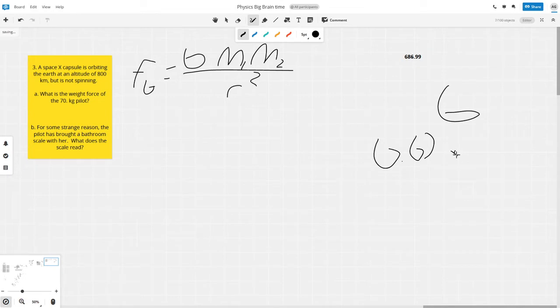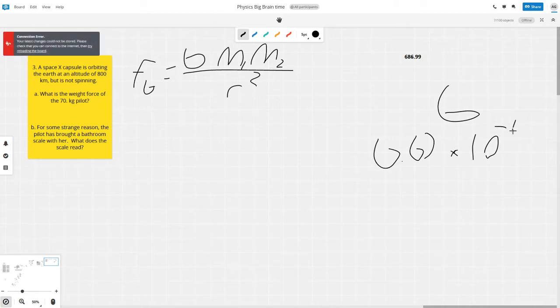You'd want to be using just meters for distances. That's it. And the gravitational constant is 6.67 times 10 to the negative 11th.